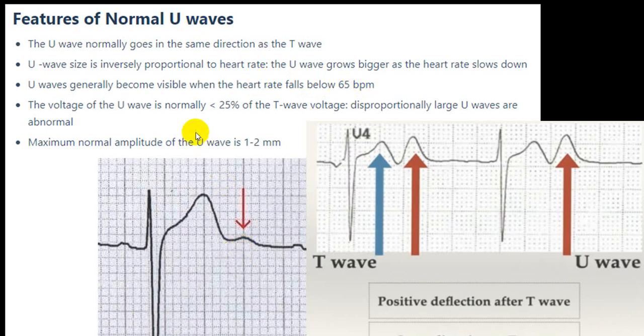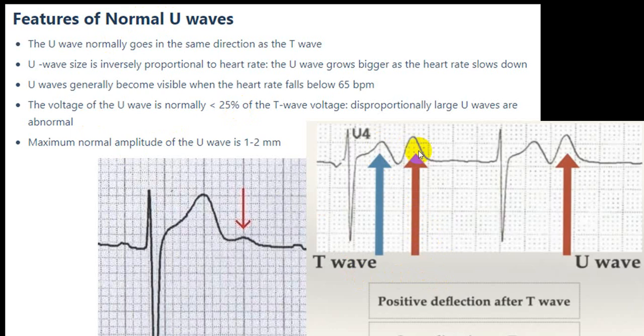So in the presence of tachycardia, usually the U wave will disappear. The voltage of the U wave is 25% of the T wave, or less than 2 millimeter. So that is what we call a normal U wave, and it is always in the direction of the T wave.